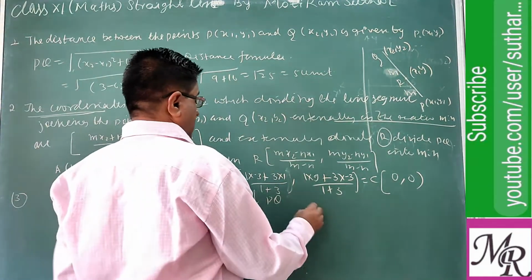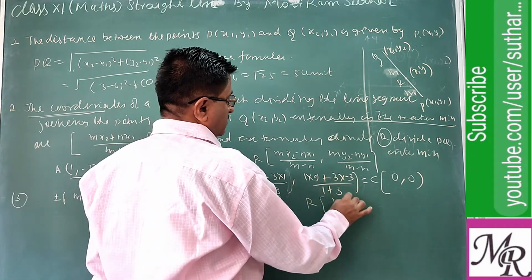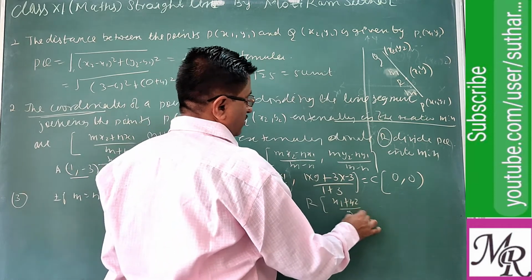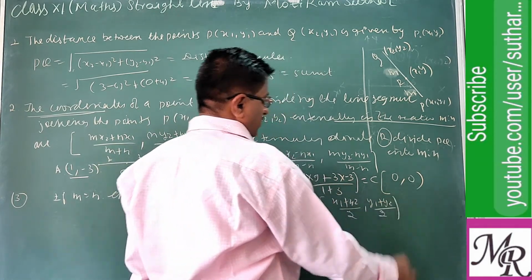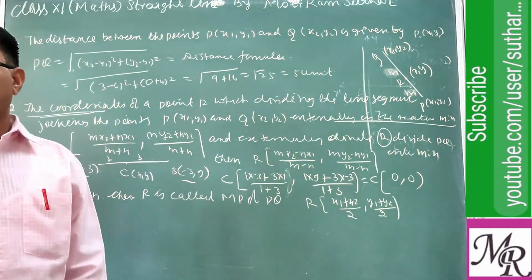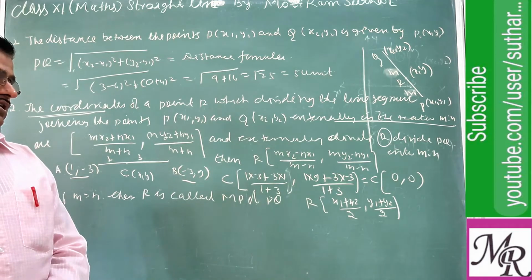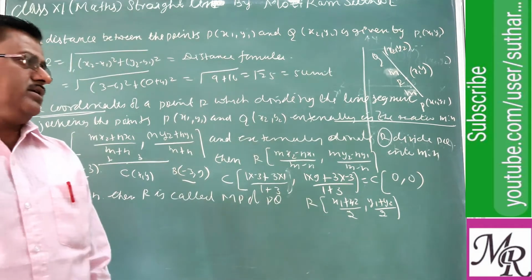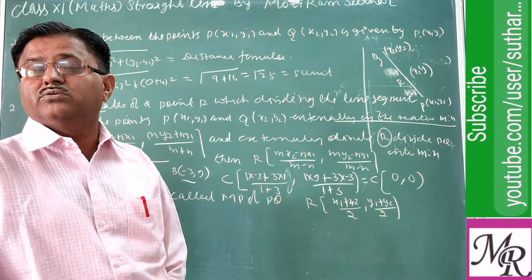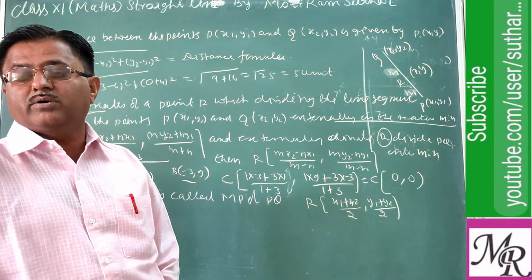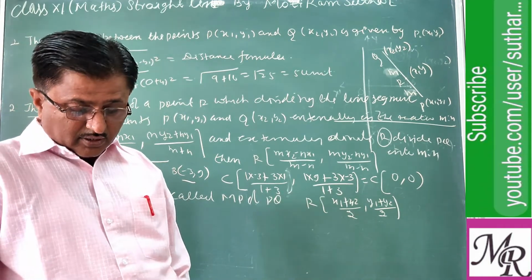We have already discussed the coordinate of the midpoint, that is R is x1 plus x2 by 2 and y1 plus y2 by 2. So this is the formula of the midpoint of the line segment joining the given two points in equal ratio. Here the parts of the ratio are equal, 1:1 or 2:2. So in this way one can find the midpoint.